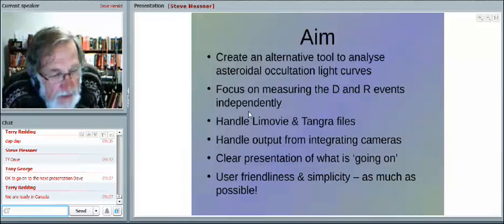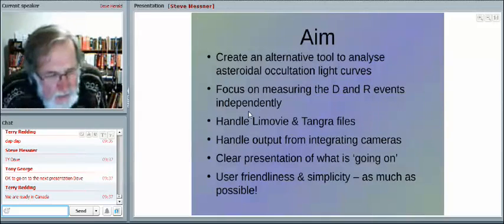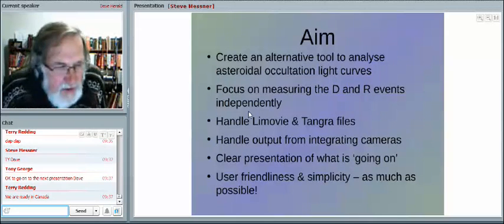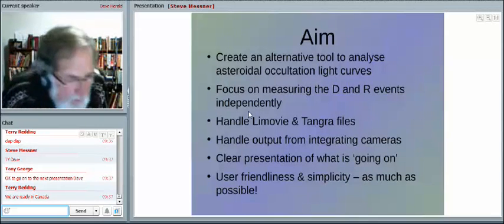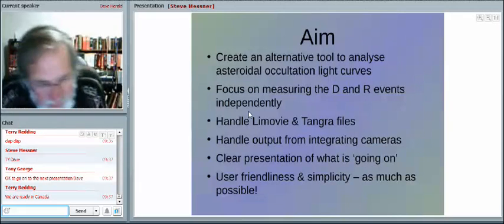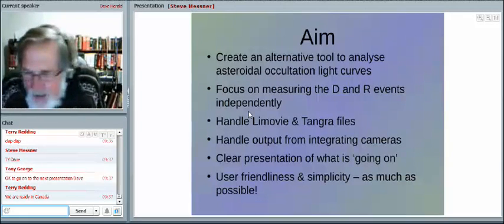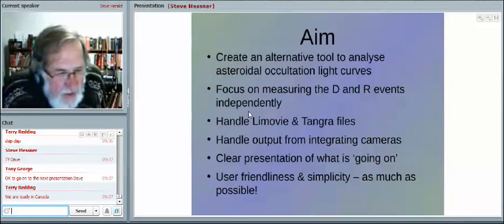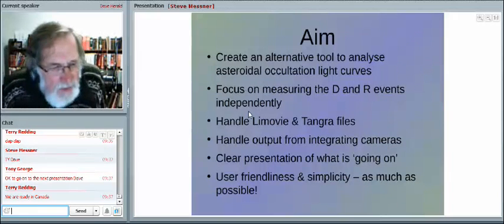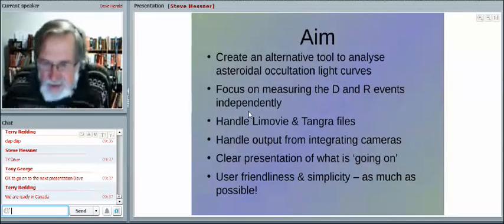I wanted to have a clear presentation of what was going on in terms of fitting, being able to see the fit of the light curve to the data points, and the final bit, having user friendliness and simplicity as much as possible. Nice, noble ideas, aims and so forth, not so easy to achieve necessarily. Next slide.